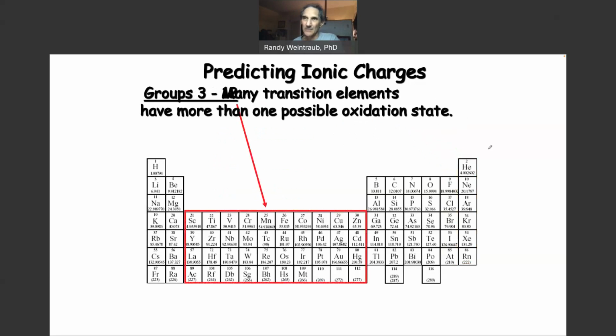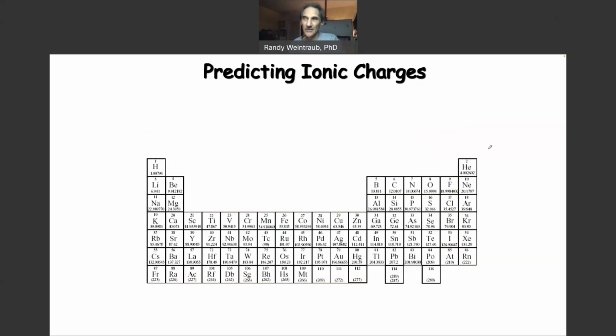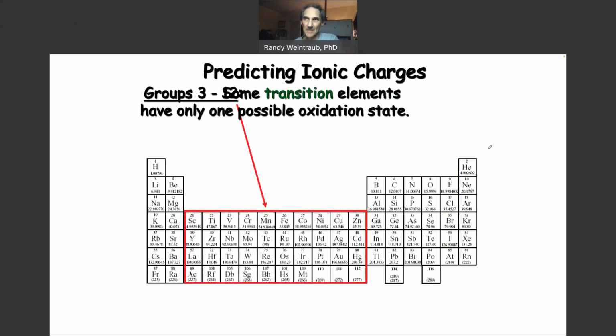Transition metals in the middle, well, they can have more than one charge, they can have more than one configuration. For example, iron could be iron 2+, it could lose 2, or it could be 3+. The transition metals could have more than one, what we call possible oxidation states.